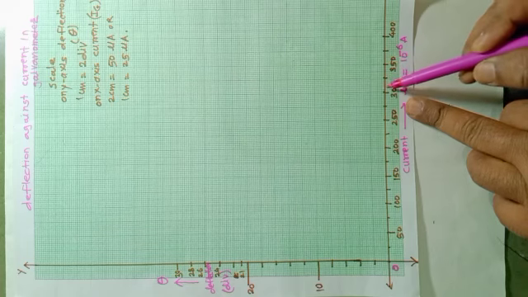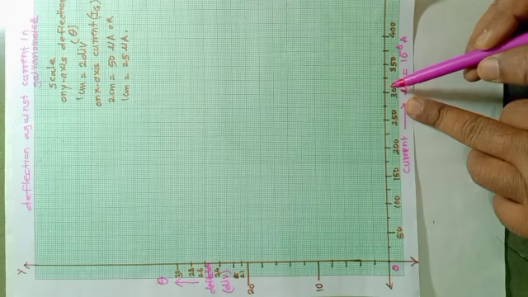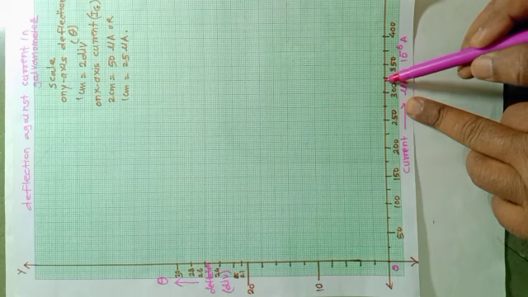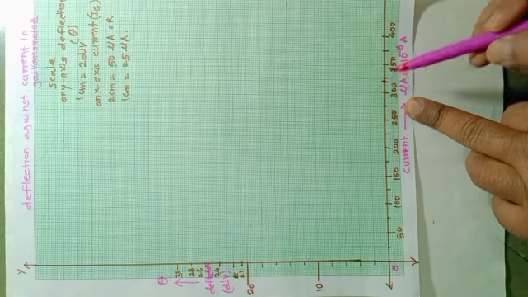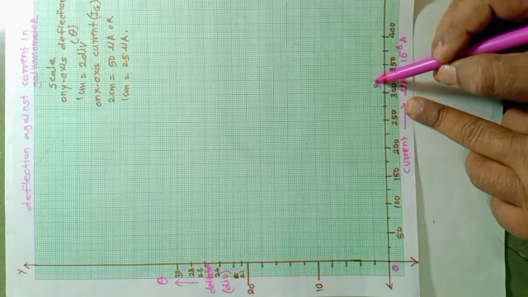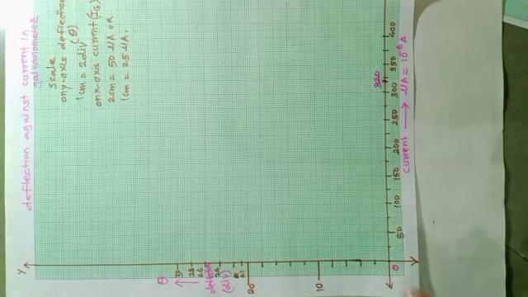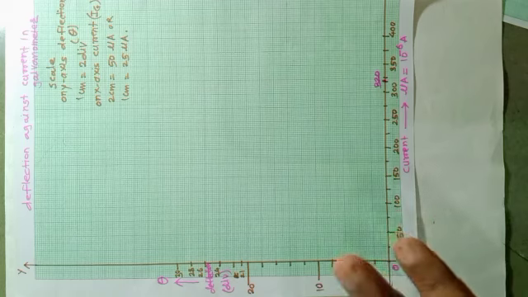So 4 lines carry 10 microampere current, means first 4 lines it will be 310, and second 4 lines it will be 320. So here it is 320, means after 300 the eighth line represents 320 microampere.